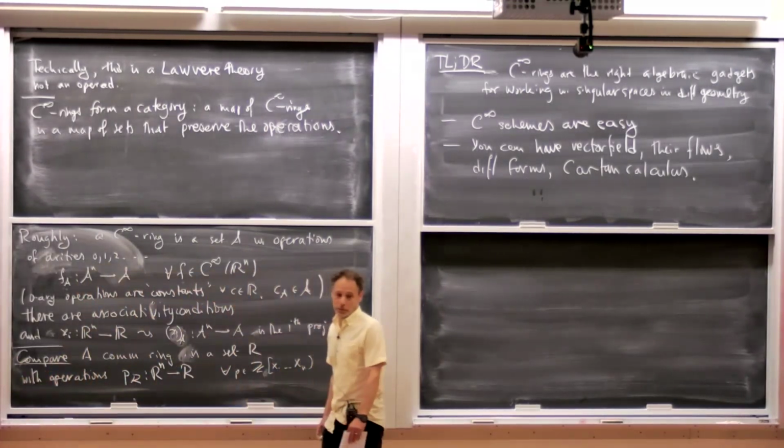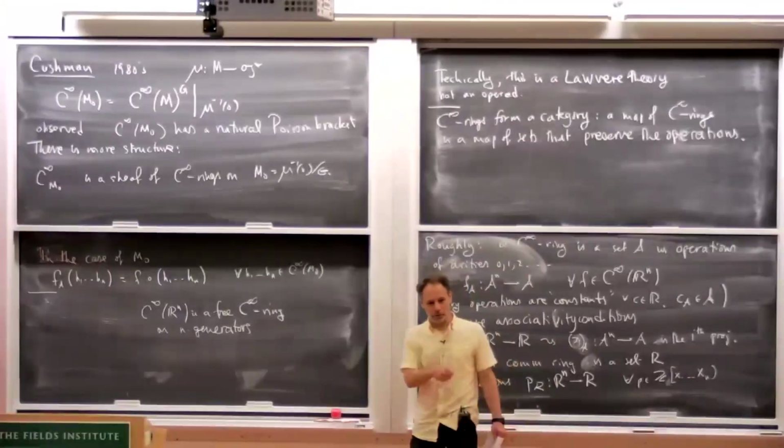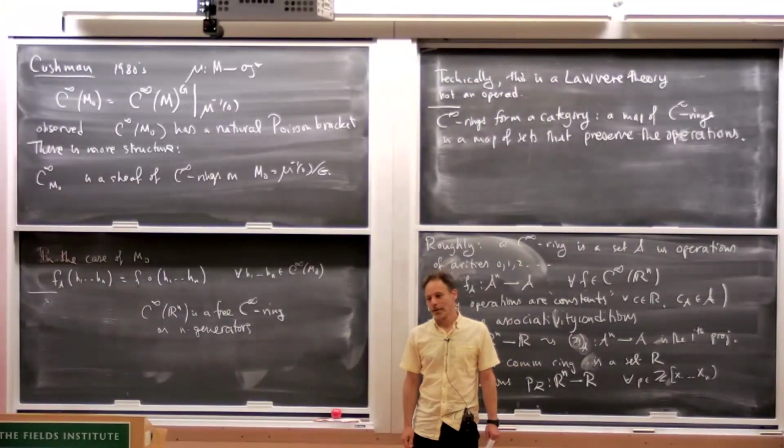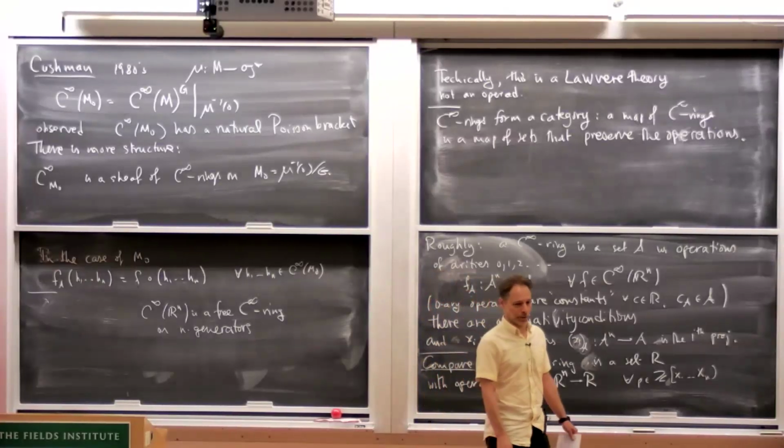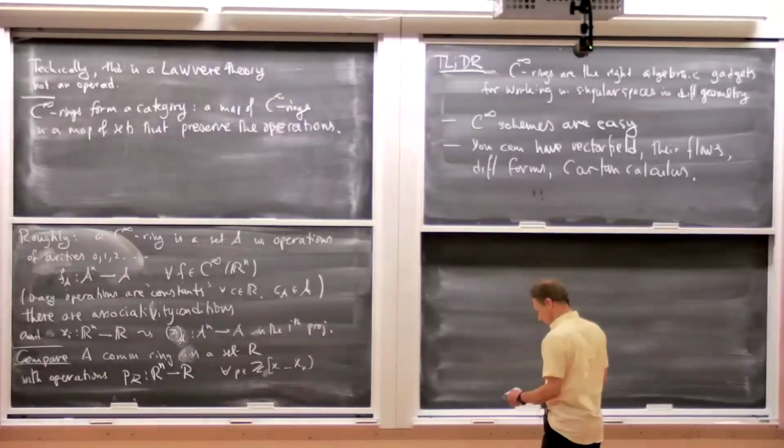They're very nice C-infinity rings. The unusual thing is that if you look at manifolds with boundary, they're still finitely generated as C-infinity rings, but they're not finitely presented. So you could give up on finitely presented.